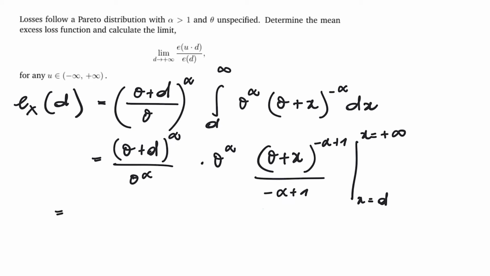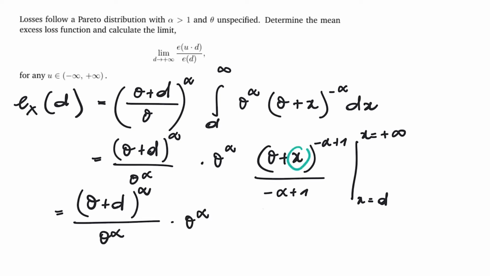This first part is independent of x, so we can just write it down. Okay, now we need to let x go to plus infinity. You see that x is actually taken to the power minus alpha plus 1.